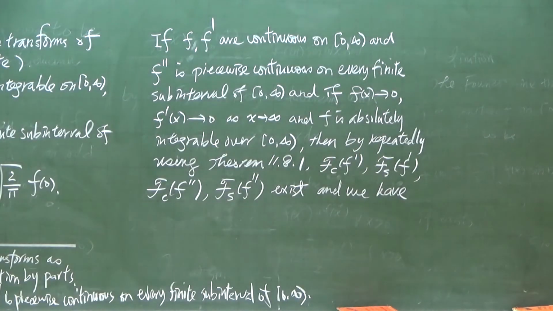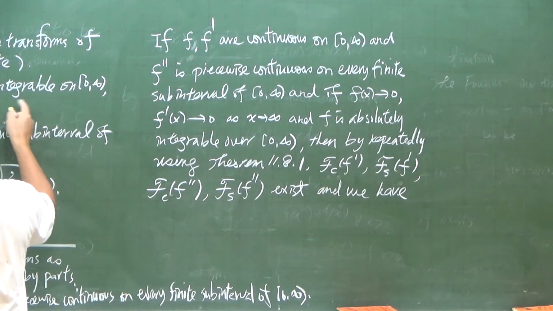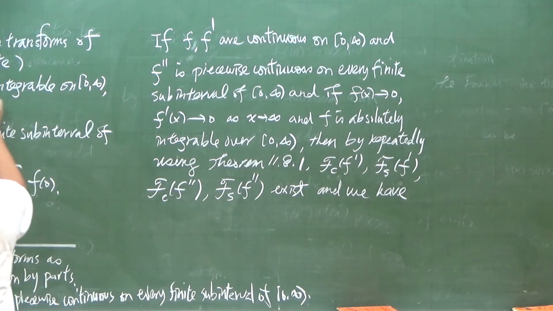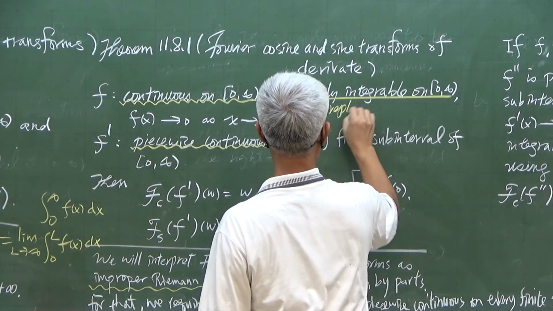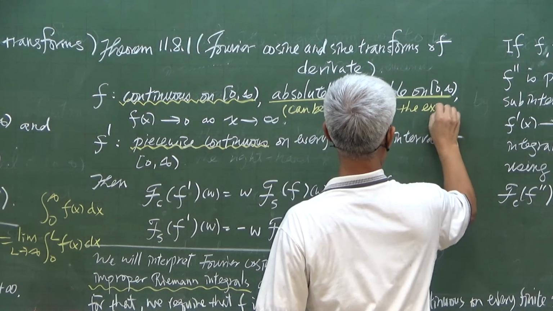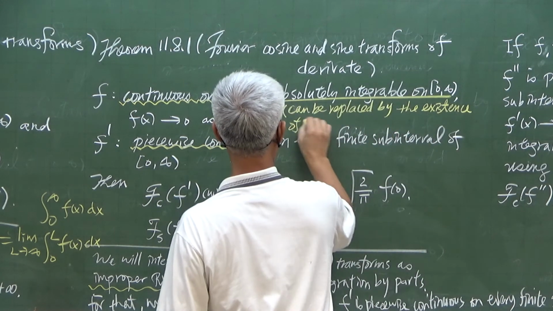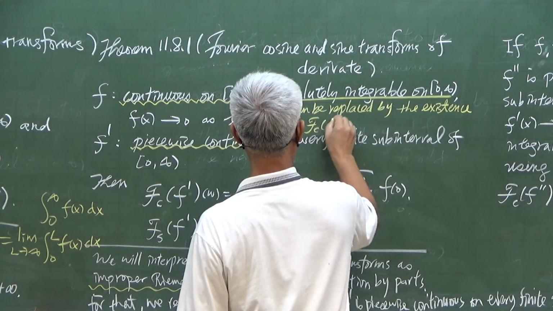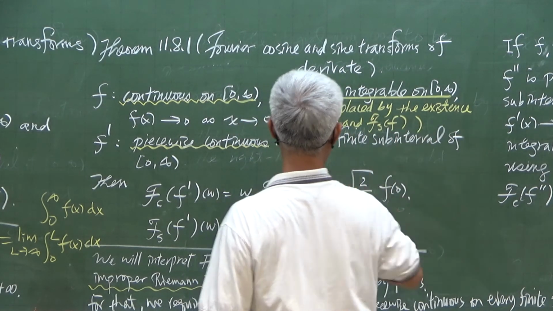Actually, I think this condition is too strong, so maybe it can be replaced by the existence of the Fourier cosine transform and Fourier sine transform of f.